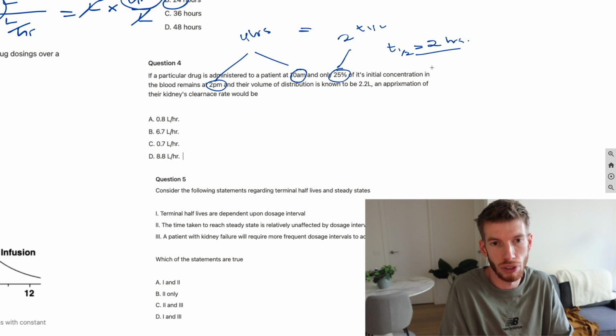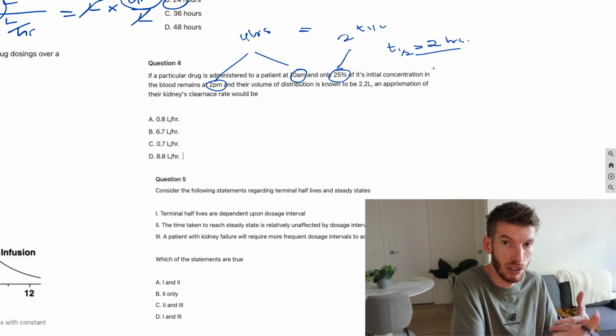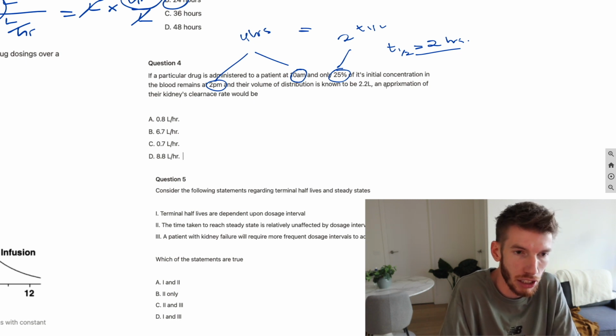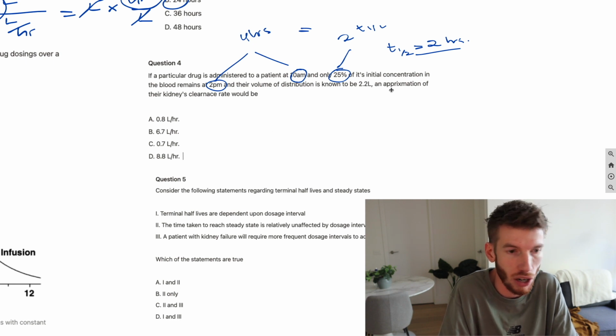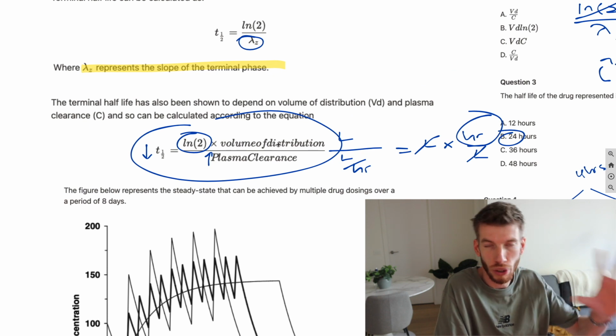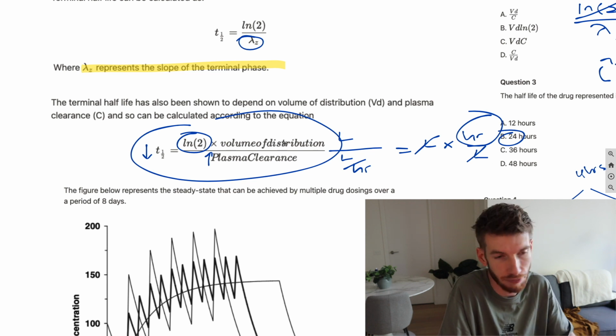Everything they give you is really just tools to work out missing information. And sometimes you have to go through a series of calculations to get there. Another thing you can do is look straight to what they're asking you for and go, where did I see clearance rate? The only place it was mentioned was in this formula. So you must know all the other variables in that formula in order to solve it.